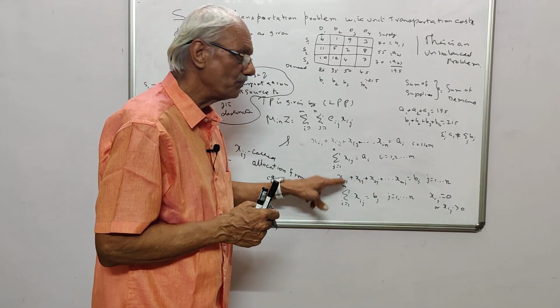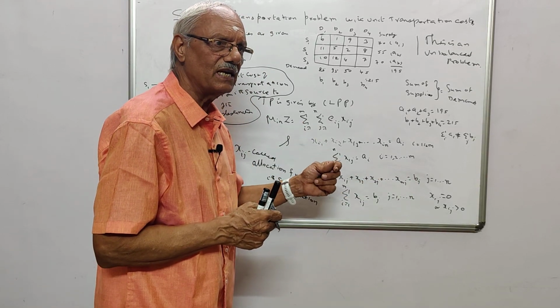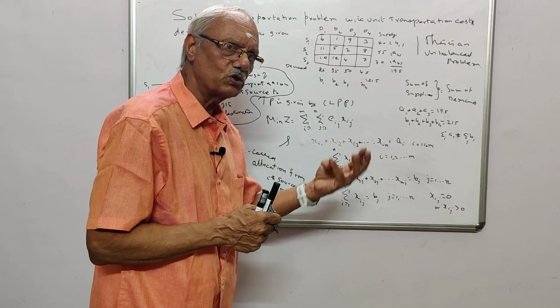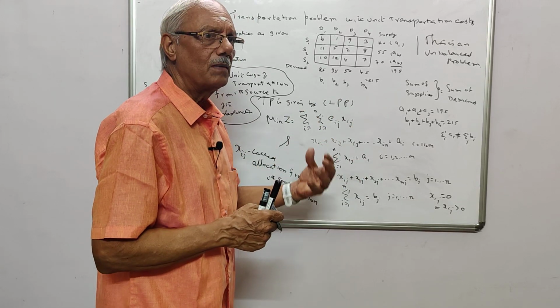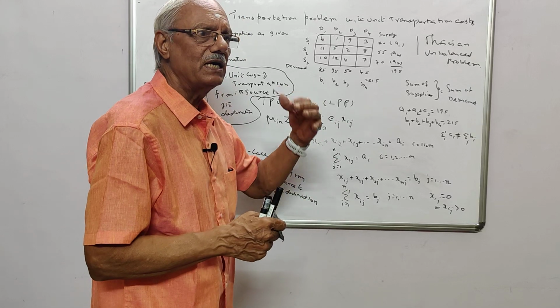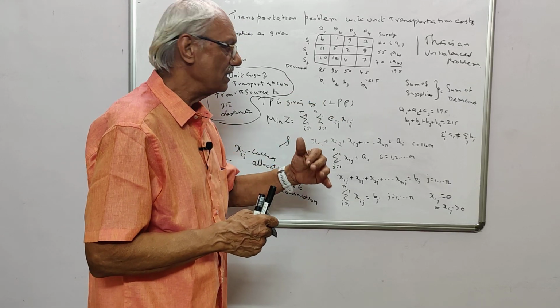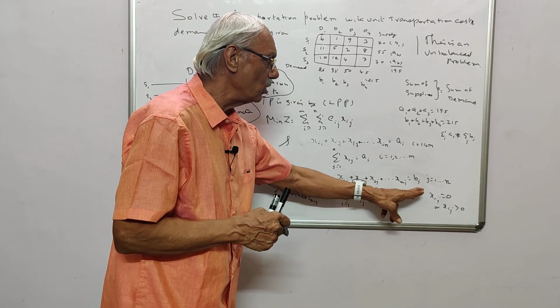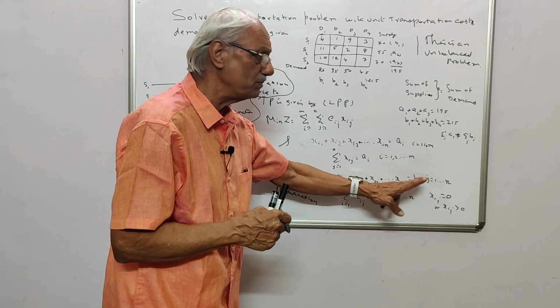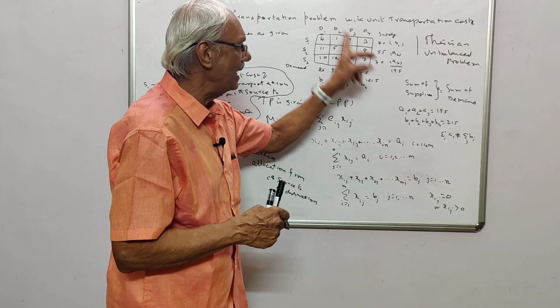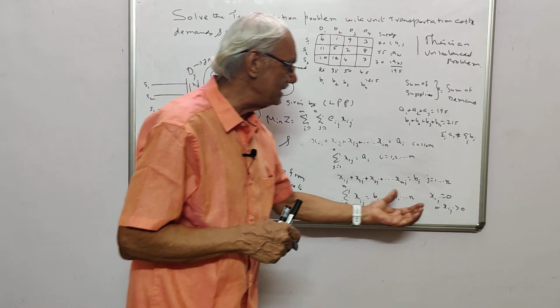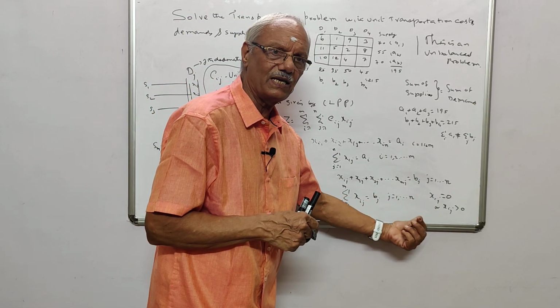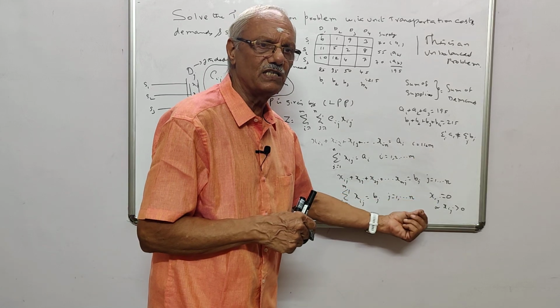The meaning of this is that the jth destination can get materials from source 1 or source 2 or source 3 or from all. But if you add up all the supplies from the sources, then it must be equal to the demand at the destination j, and these Xij's are called allocations from the ith source to the jth destination.